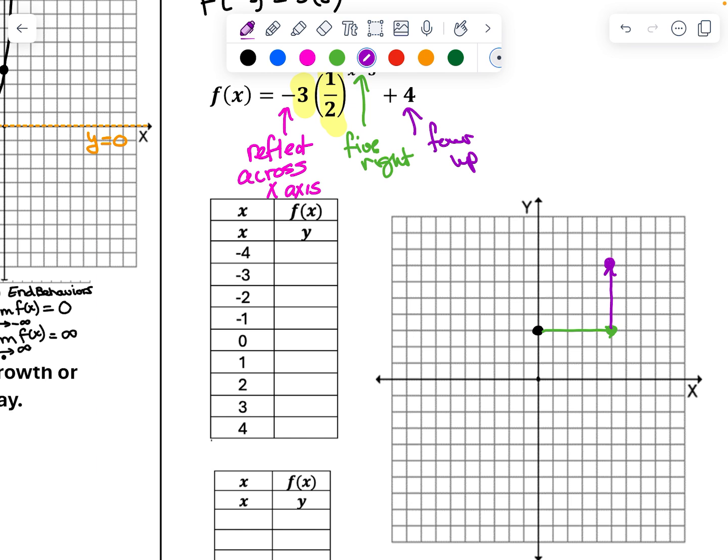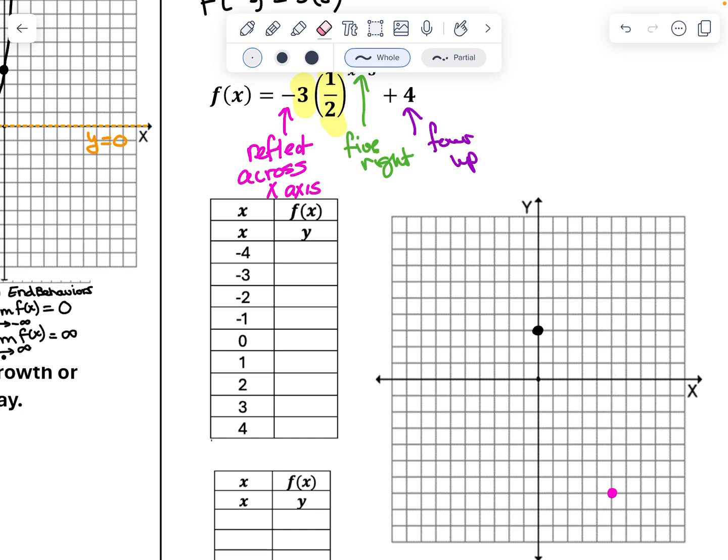That puts it here. And let's reflect it across the x-axis. 1, 2, 3, 4, 5, 6, 7. 1, 2, 3, 4, 5, 6. So it would be right there. That would be that point. Okay? Let's try it again with another point.